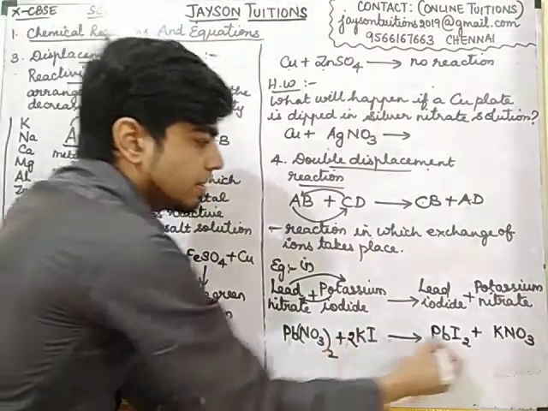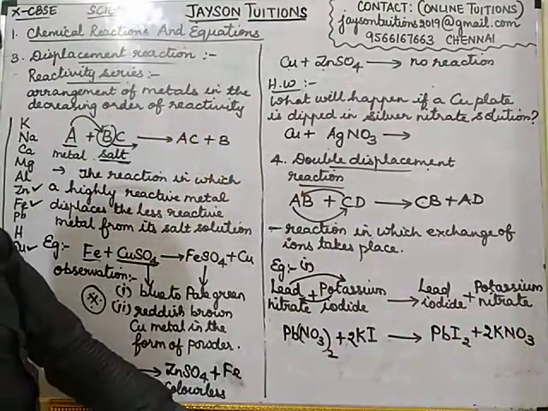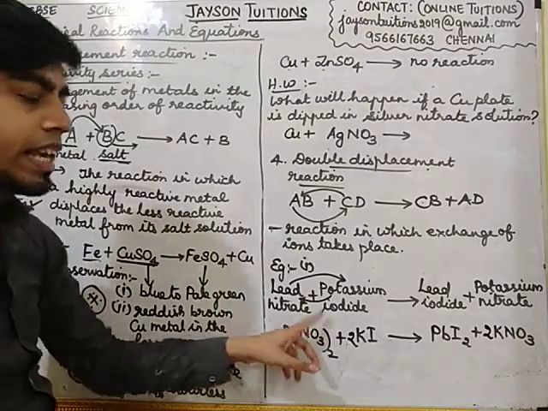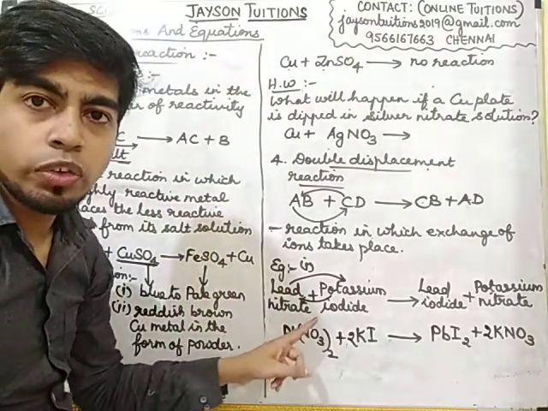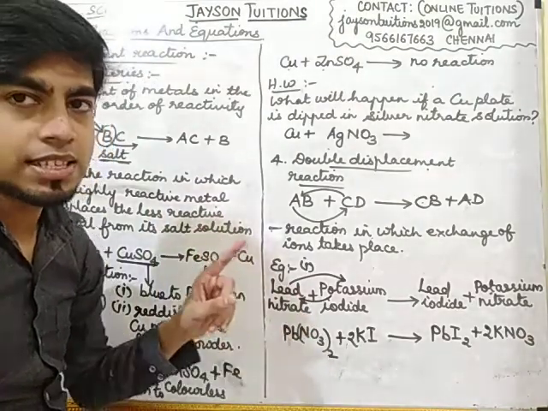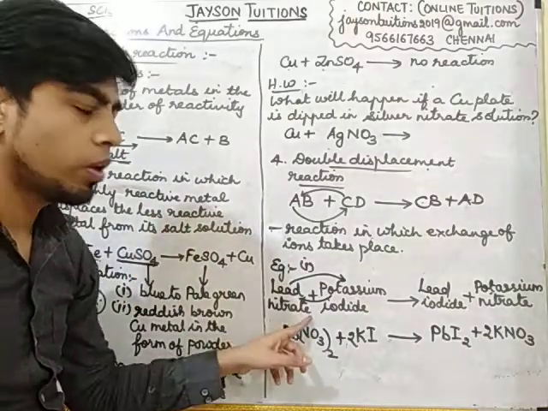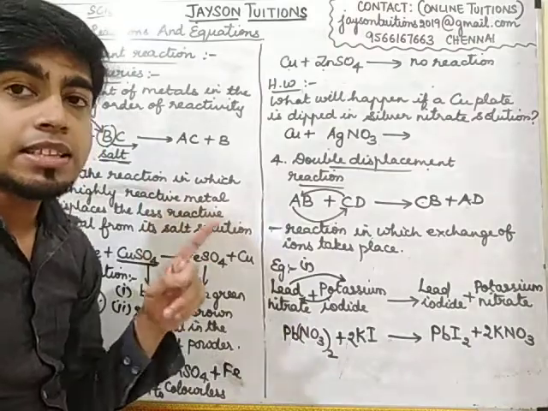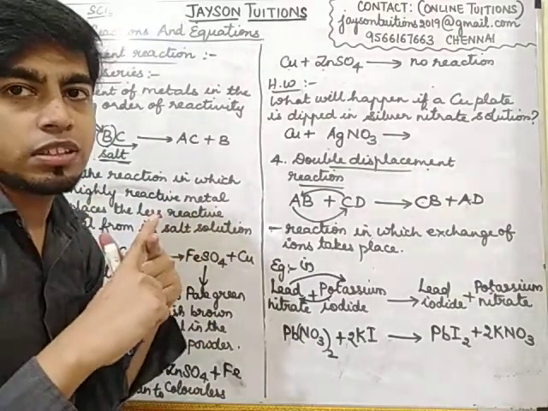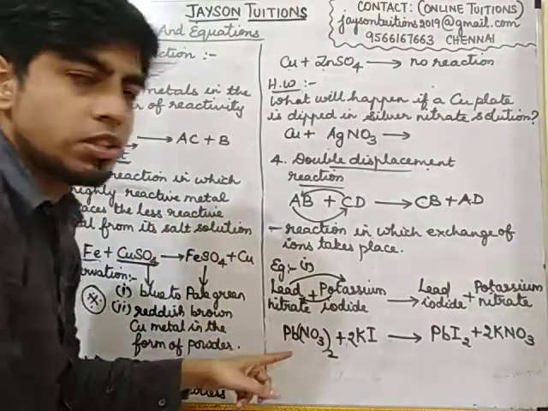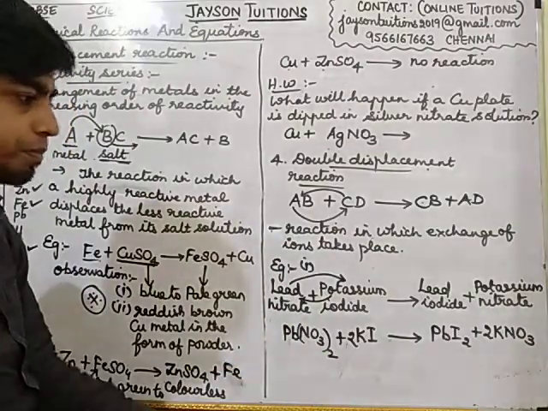For balancing purposes, I am writing 2. Again I told you, if you don't know how to find the formula, in 9th standard there is a table on page number 37. You have to learn it by heart, and in 9th standard you have already studied the crisscross method, so you must know how to find the formula.